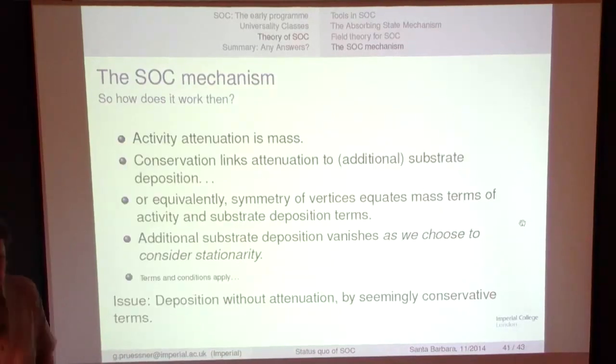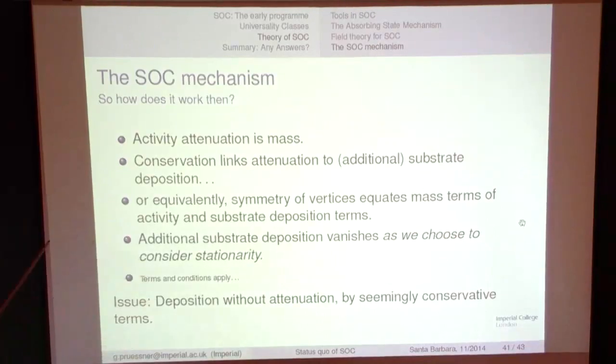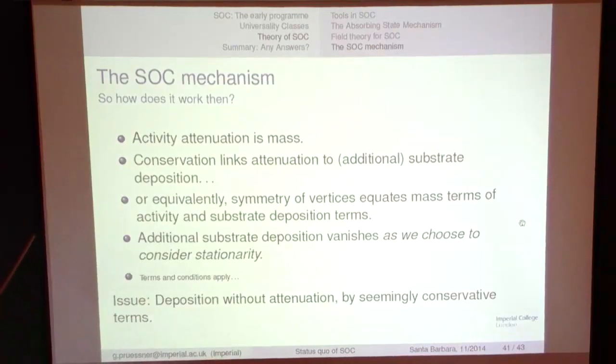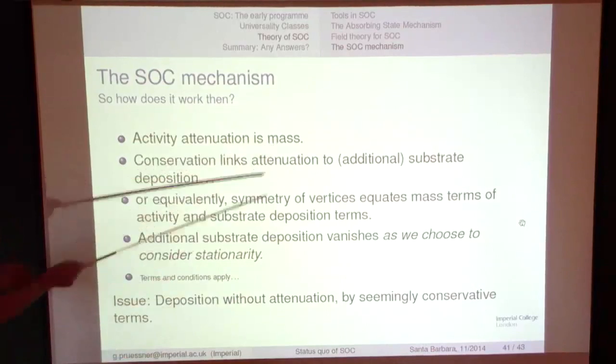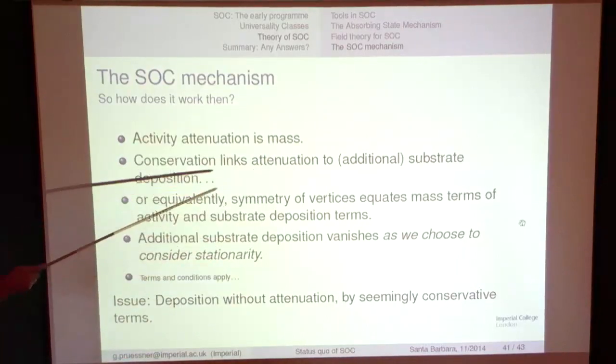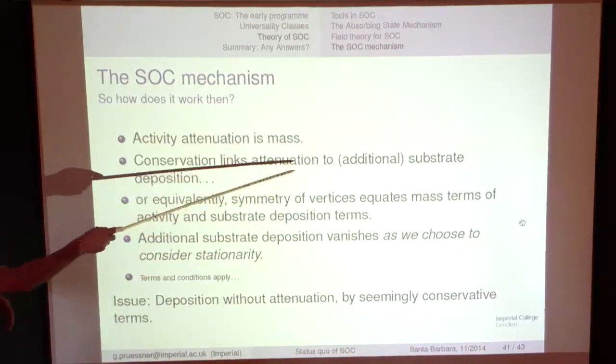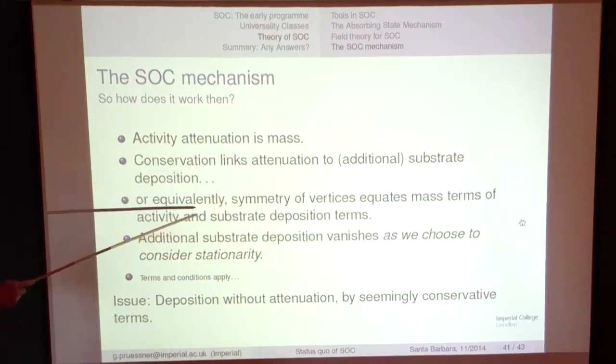So, right, here's my little summary of how I think self-organization works. The attenuation, the reduction of the activity level, is equivalent to mass. Conservation links the attenuation and the substrate deposition, or equivalently, the equivalence between vertices and diagrams links whatever additional deposition you've got on the substrate with the mass of the propagator.